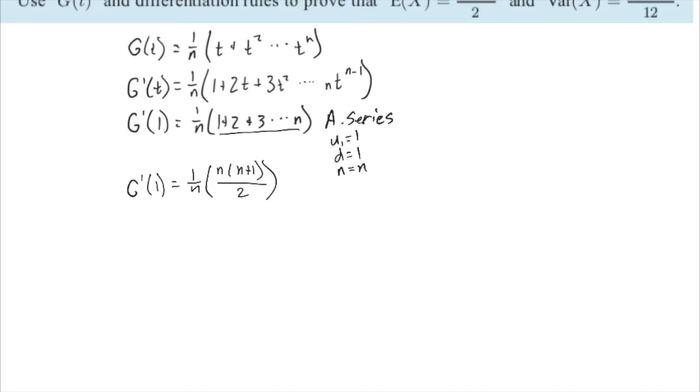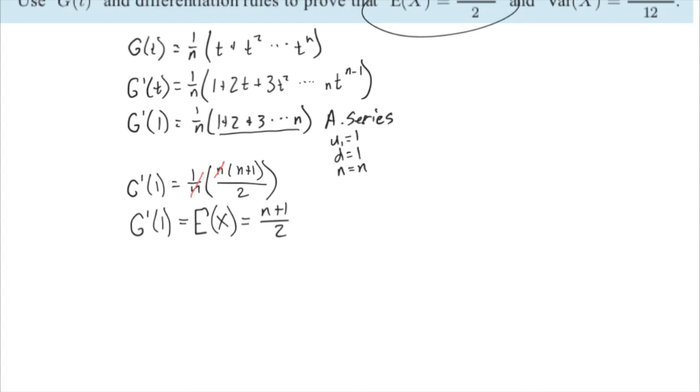Simplify this, the 1 over n and the n cancel out, and I've now shown that g prime of 1, which, remember, we proved in the first part of this video was E of X, is now equal to n plus 1 over 2. Ta-da! That's snazzy, right?